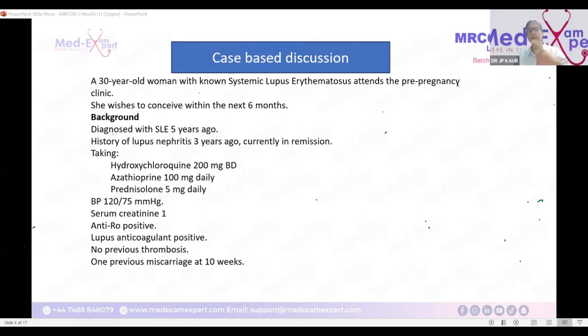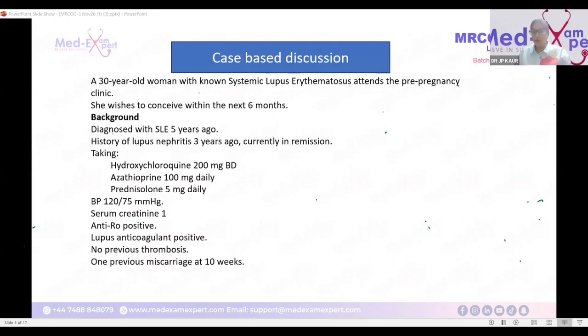If you are giving the case-based discussion, you will tell her that it is SLE, an autoimmune disorder. It affects many organs: the skin, the joints, the kidneys, the heart.